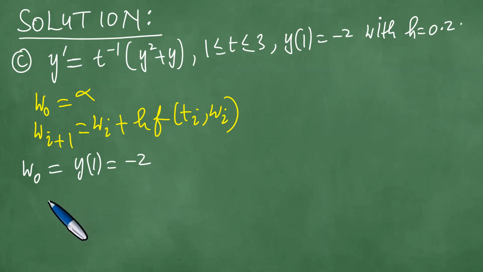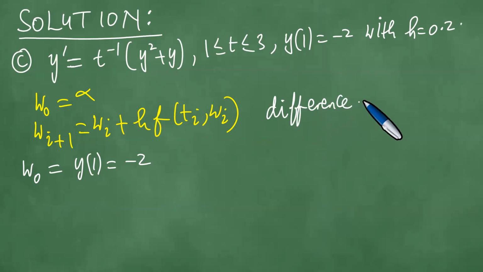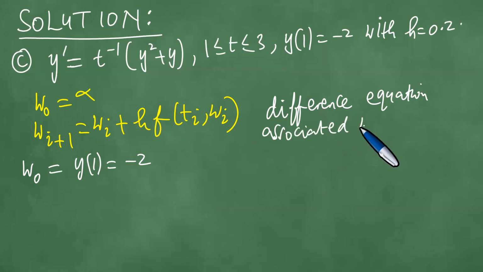We need to get the rest of the values until we get to 3, but let's start with the formula. We call this the difference equation associated with Euler's method. There are many difference equations, but this one is associated with Euler's method.